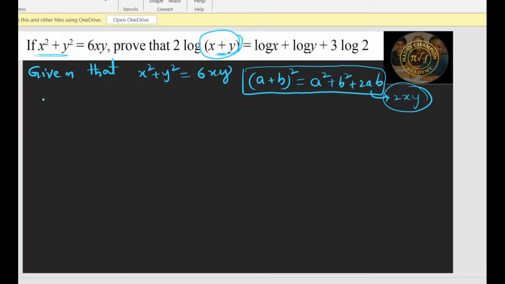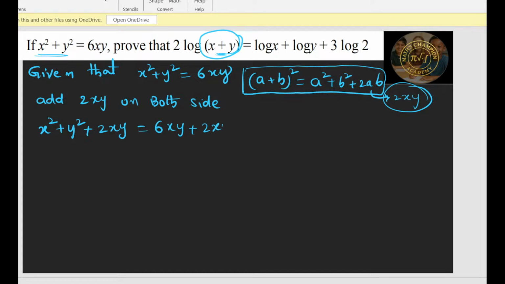So add 2xy on both sides. It becomes x square plus y square plus 2xy is equal to 6xy plus 2xy.